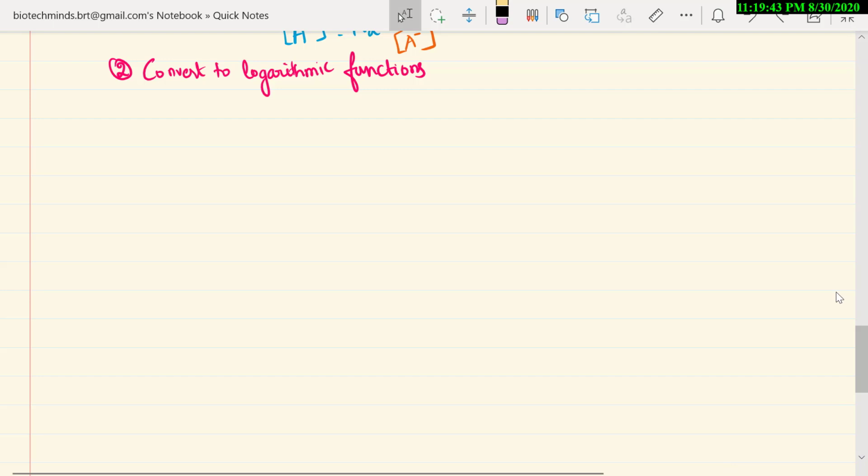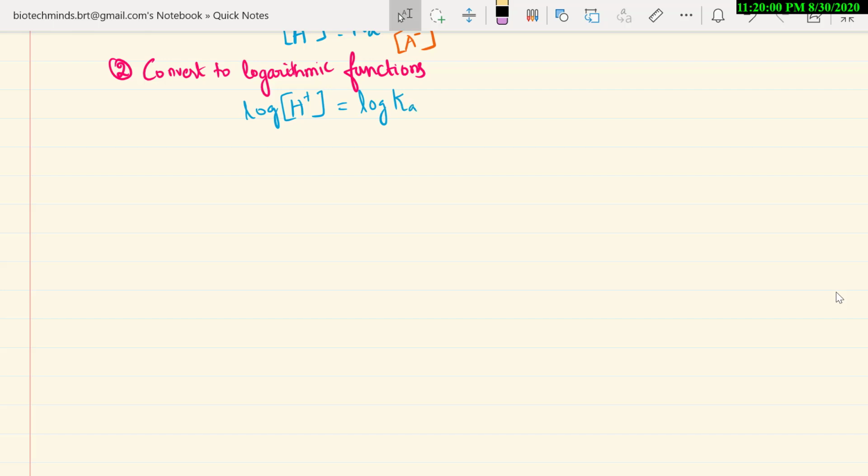So the second step is log H plus, concentration of protons in logarithmic form, equal to log acid ionization constant.